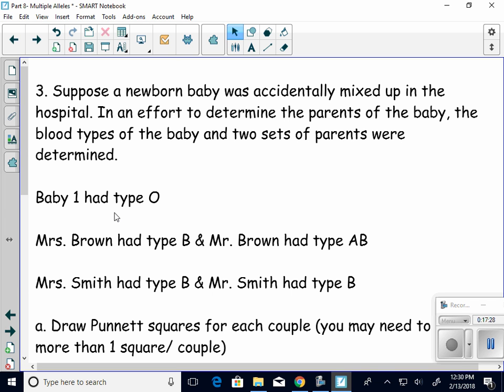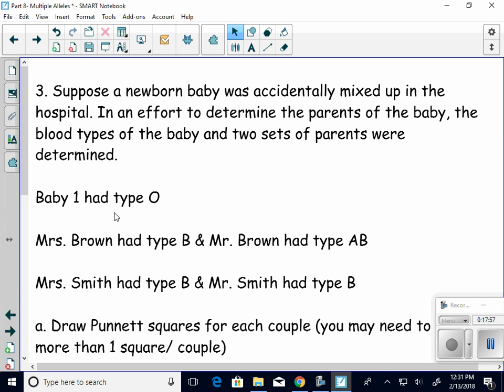This should tell you something about the parents, that the baby is blood type O. Don't see it? Right, the parents, each parent has to at least have an O, correct? Each parent has to have an O.